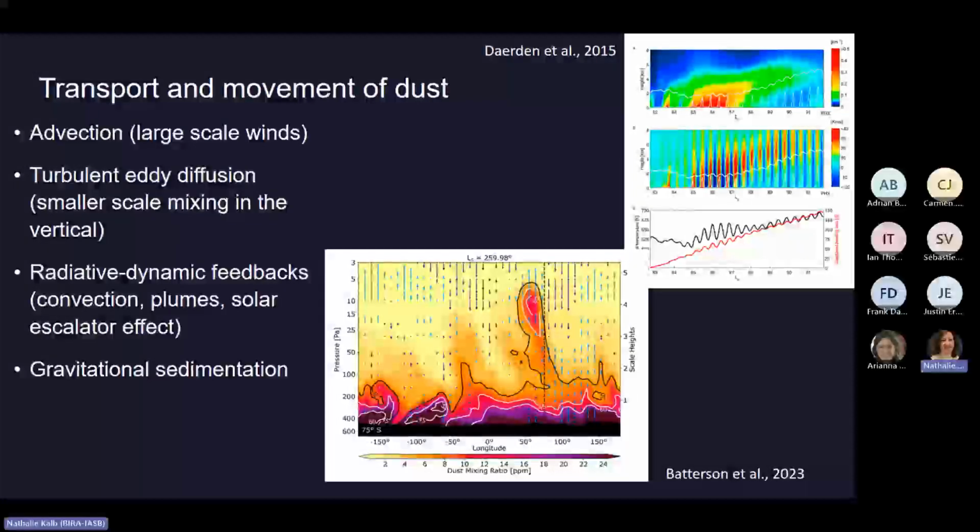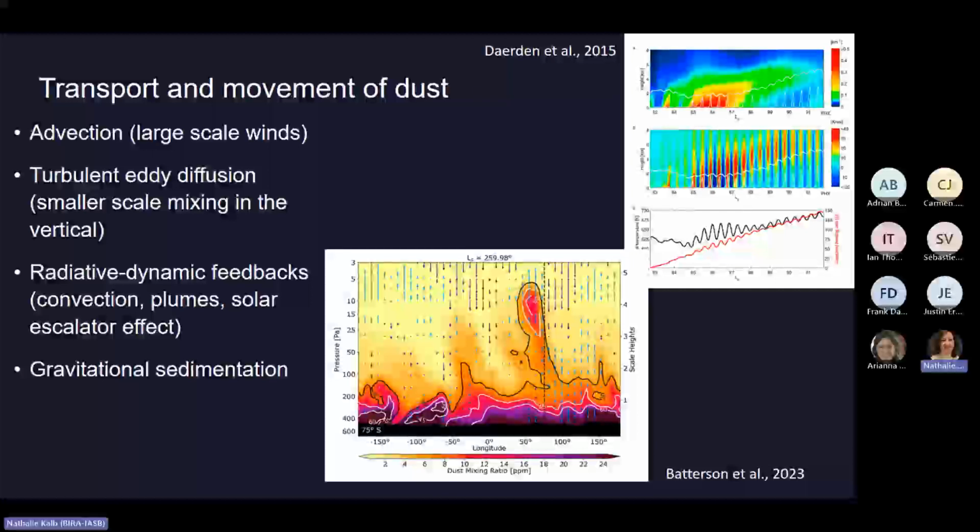So now we've got it up into the air. How does it get moved around? If you get it up high enough, it can be advected by the large scale winds. In the planetary boundary layer just above the surface, you have small turbulent mixing, eddy diffusion, that we have to take into account in a model, that bumps things up a little bit into the upper part of the boundary layer.